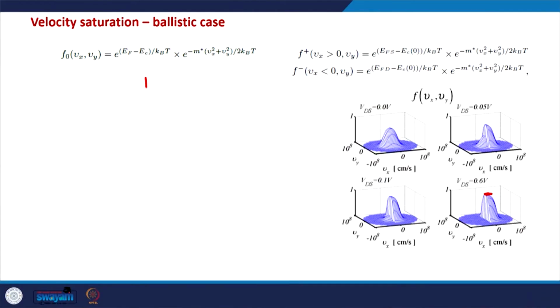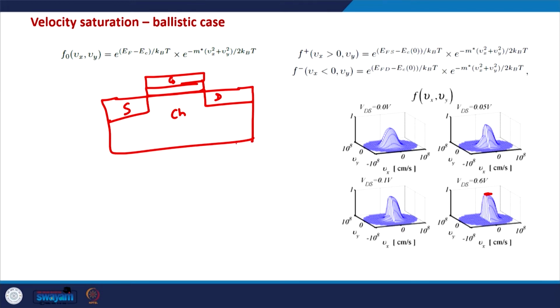In the MOSFET, generally what happens is that we have a gate terminal, we have an oxide, and below the oxide we have the source, the drain, and the channel region. So this is how the MOSFET looks. We apply a certain gate voltage.